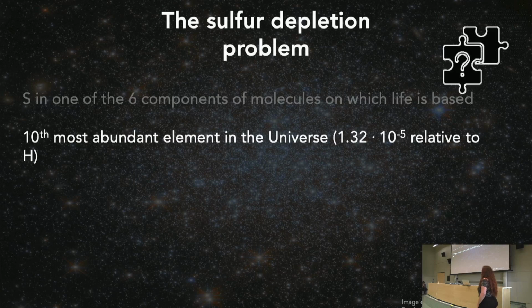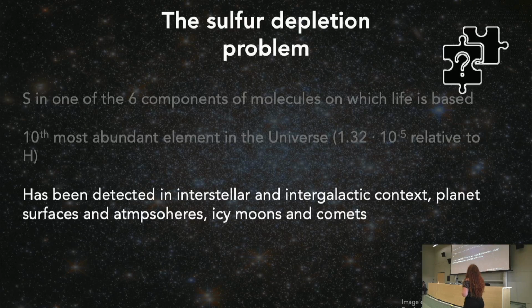It's also the 10th most abundant element in the universe. It has an abundance of 1.3 times 10 to the minus 5 relative to hydrogen. And it has been detected basically everywhere, so in interstellar and intergalactic contexts, on planets, moons, comets, it's everywhere.